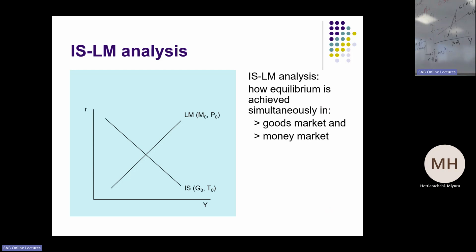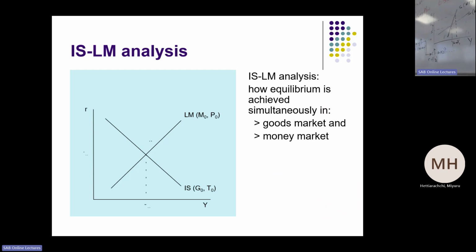Now here the LM curve is drawn at a particular price level. If there is a change in the price level, that will also affect the LM curve because the real money balance changes. If there is inflation, we know that the real money balance changes even without a change in the money stock. So we assume the money stock is M0 and the price level is P0.